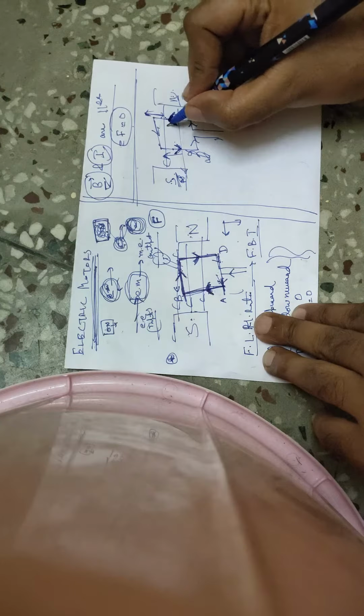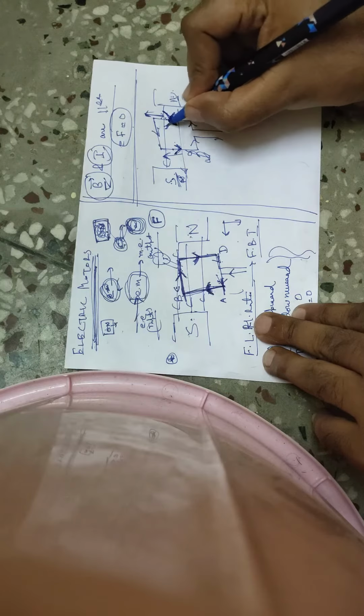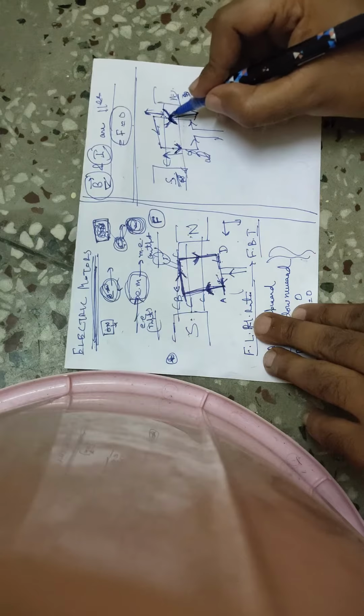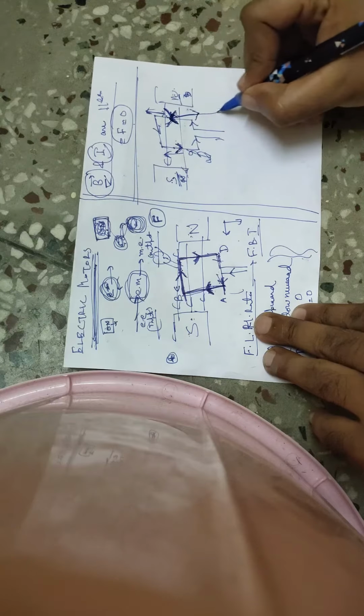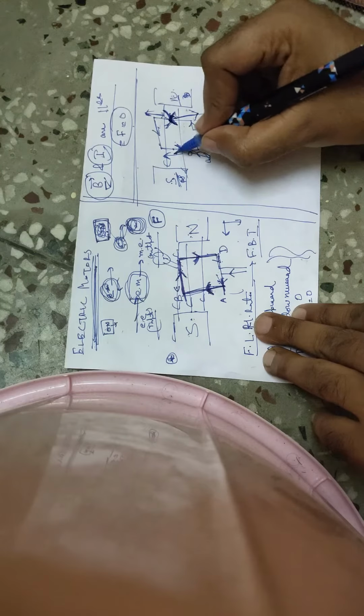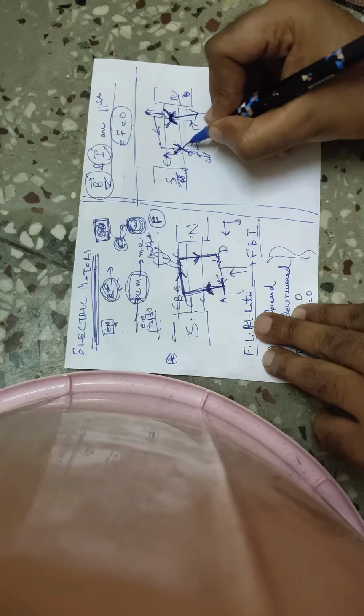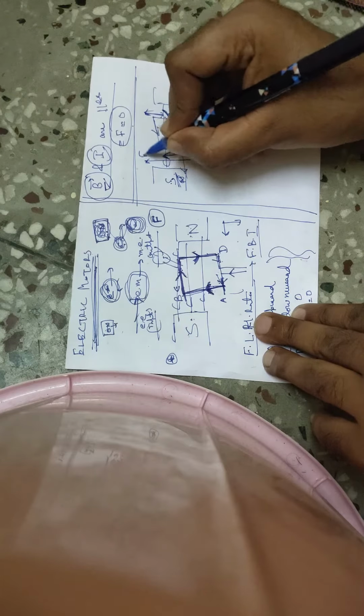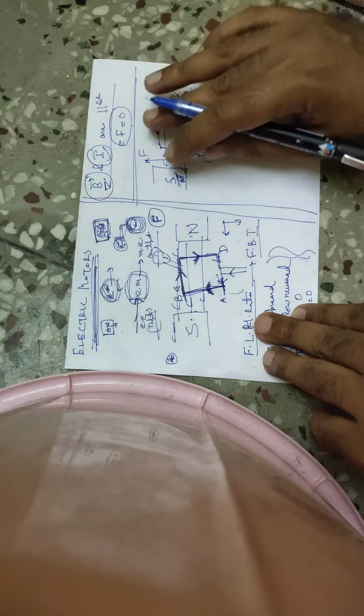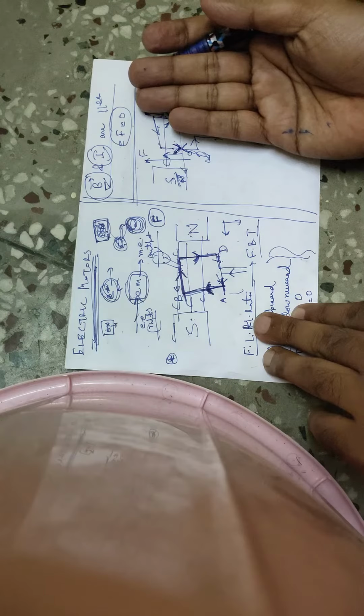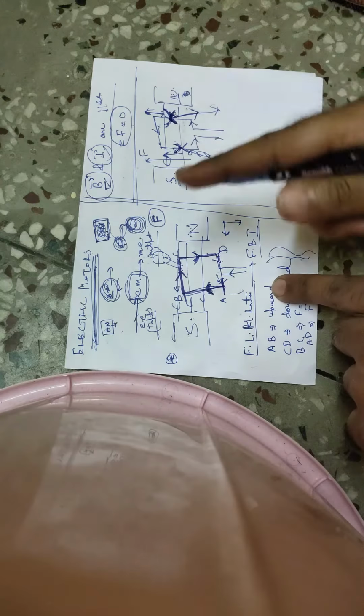Now if I change this direction to this direction, then what will happen? Just apply Fleming's left hand rule here, the force will be in downward direction. And if you change this direction from this to this, then the force will be in upward direction. So it will again rotate.